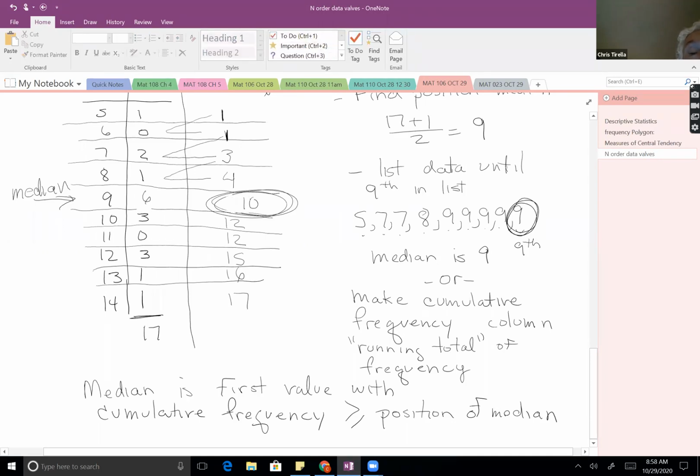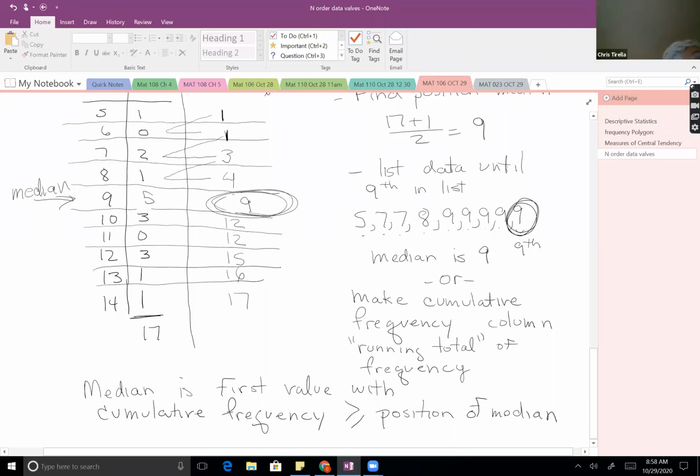And so I'd have a cumulative frequency of 10. That's the first one that's bigger than 9, so that would still be my median value. Does that make sense? Yep. Because everything between 4 and 10 would be 9. But we'll put it back to what it was originally.